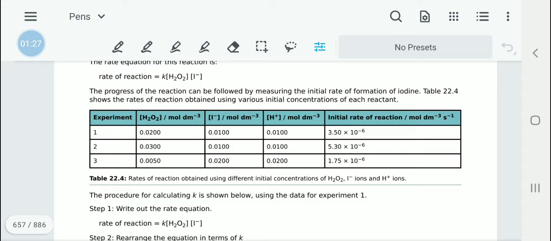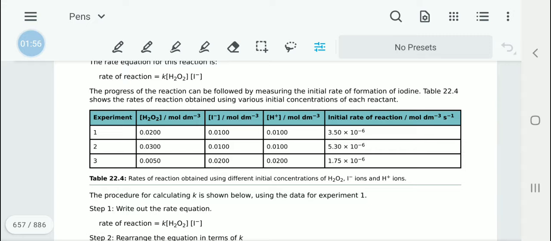Then they have increased the H2O2 concentration to 0.03, and you can see the iodide and hydrogen ion concentrations have been maintained. Then you can see the initial rate of the reaction has increased to 5.30 into 10 to the power minus 6. So that means the increase in the H2O2 concentration has affected the rate.